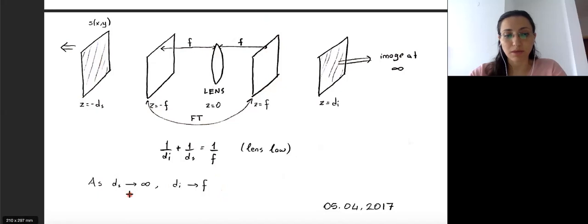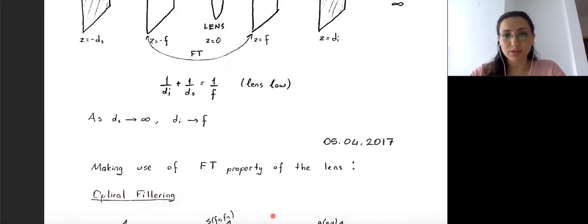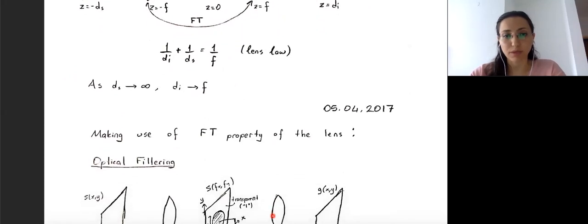As we make this go to infinity, we were expecting to see the image at the focal distance of the lens, and we can also understand this by using the Fraunhofer propagation and then the Fourier transform property of the 2F system as well. Okay, so this was just to synthesize the three properties that we learned about wave propagation.